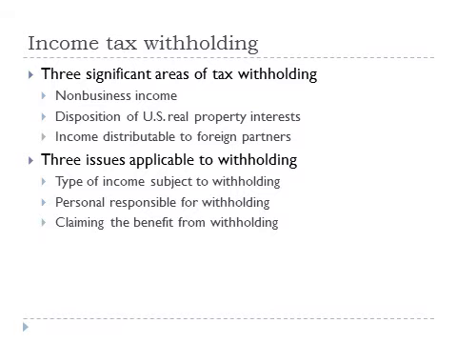And the third is claiming the benefits for withholding by a foreign person. So there you have it, a complete outline of the objectives and topics covered in this course. You should next listen to the lecture on the operation of the course.